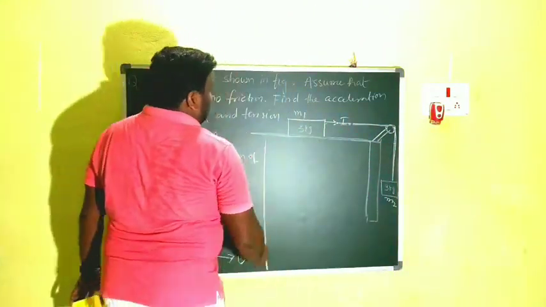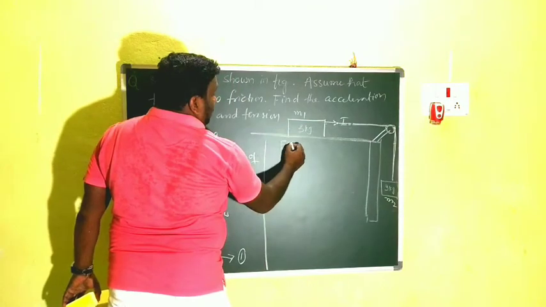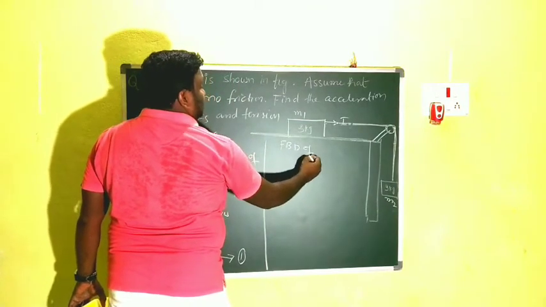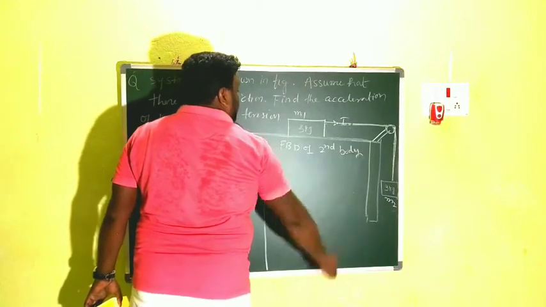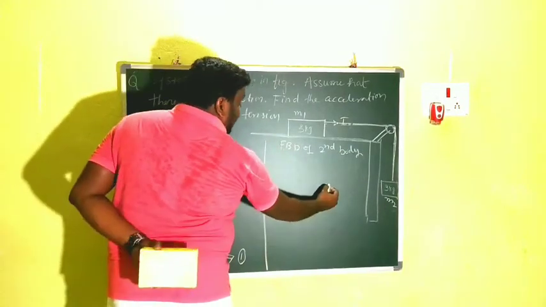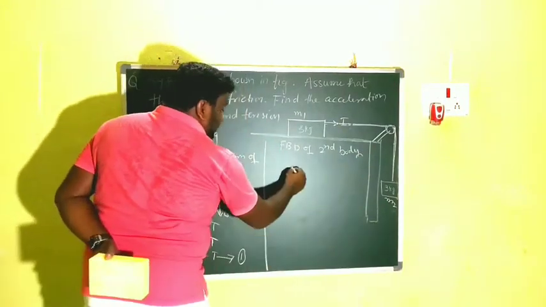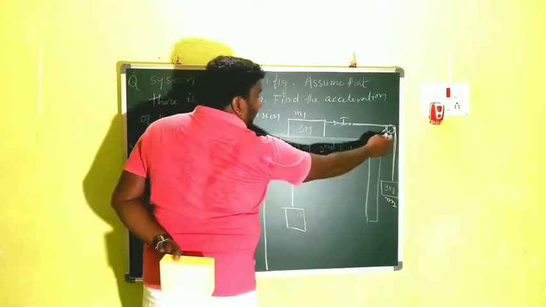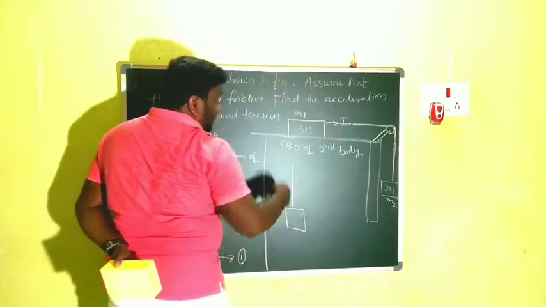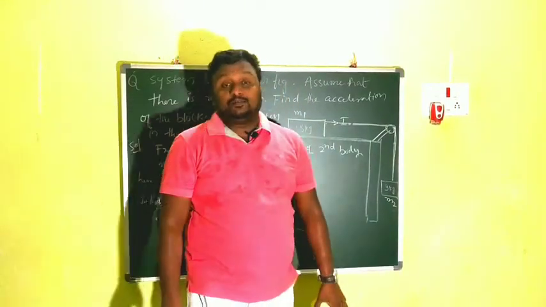Now for the second body, the free body diagram of the second one. For that I am writing here something like this. How are we identifying this object? It is like a suspended body. Clear?